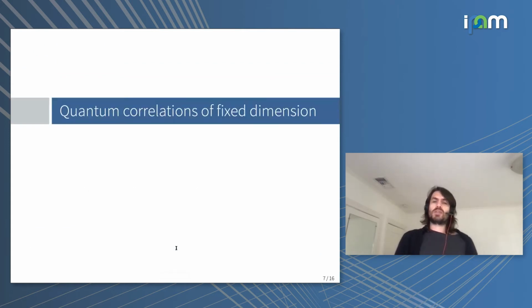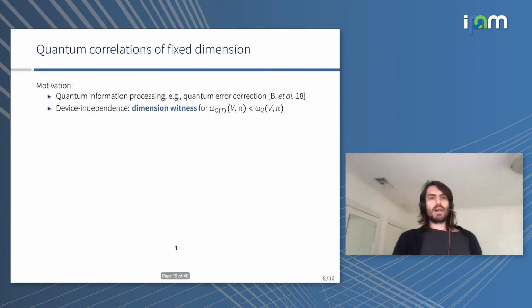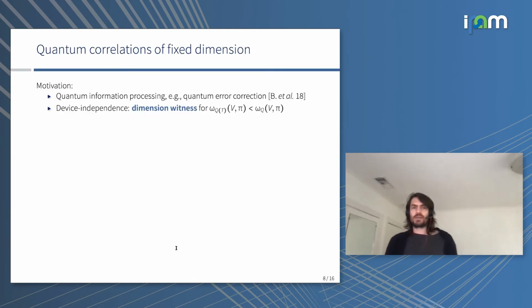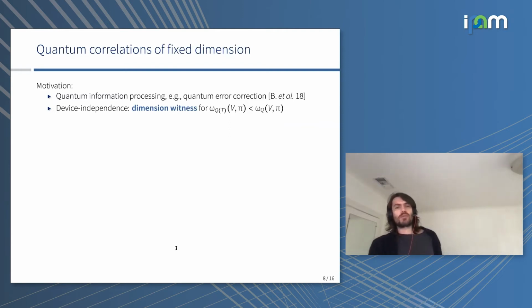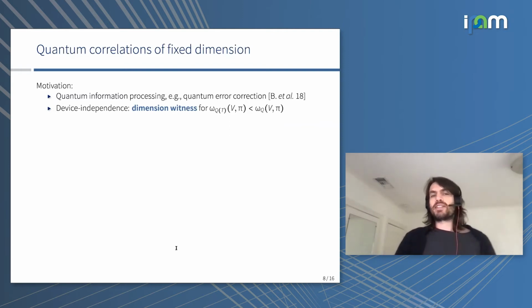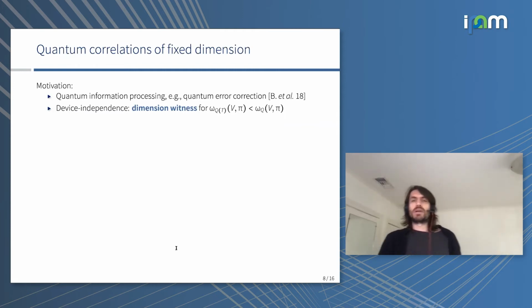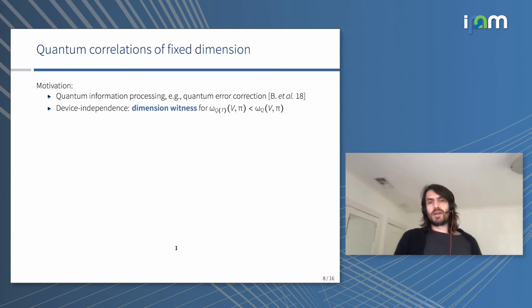Okay, so let's talk about these quantum correlations of fixed dimensions. A small motivation again: whenever we do quantum information processing, the dimension is often fixed. So it's interesting to understand what quantum advantage, or how strong of quantum correlations, we can achieve. Moreover, we can also use this dimension constraint value to construct dimension witnesses.